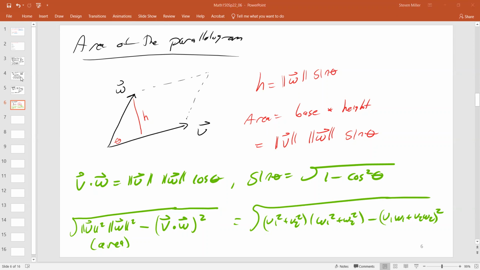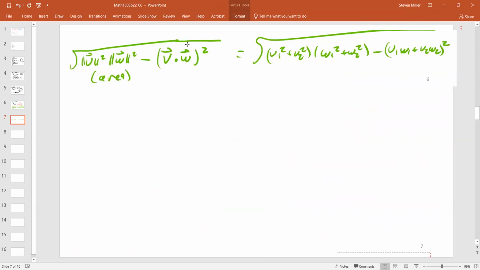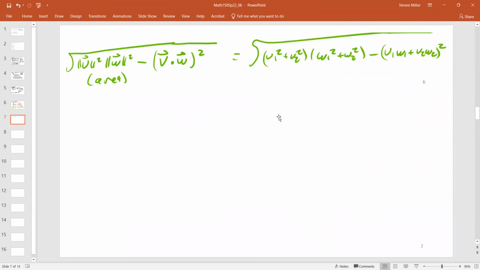Is everybody comfortable so far on the algebra we have? Pretty comfortable as to how we got to here.